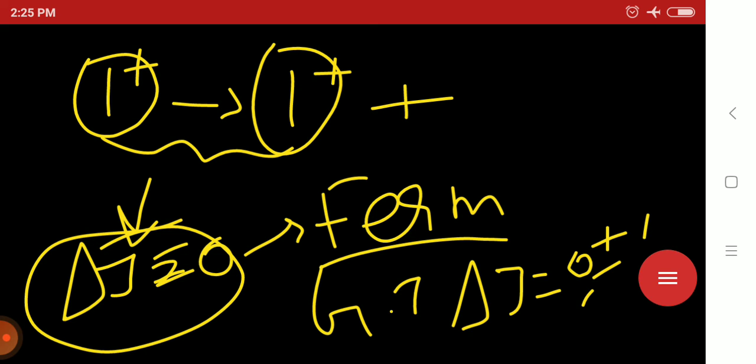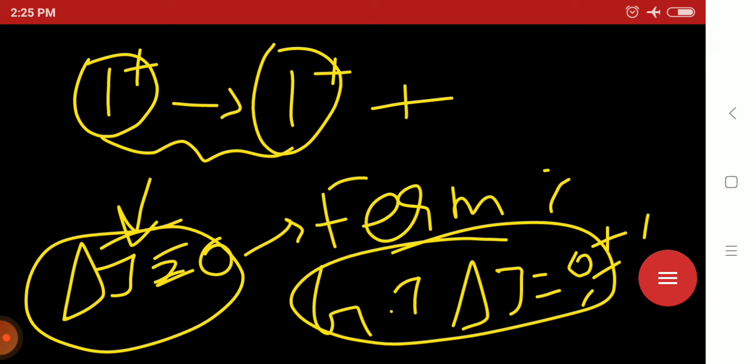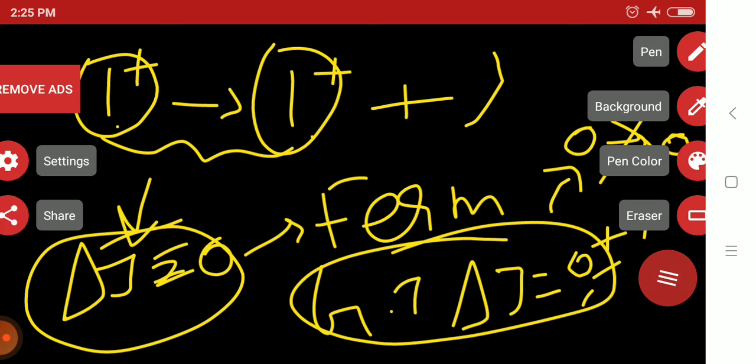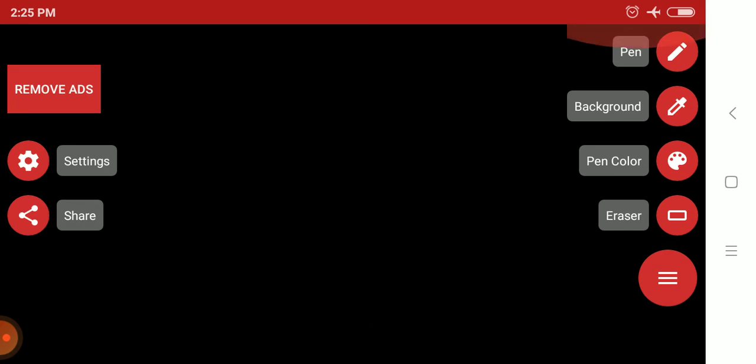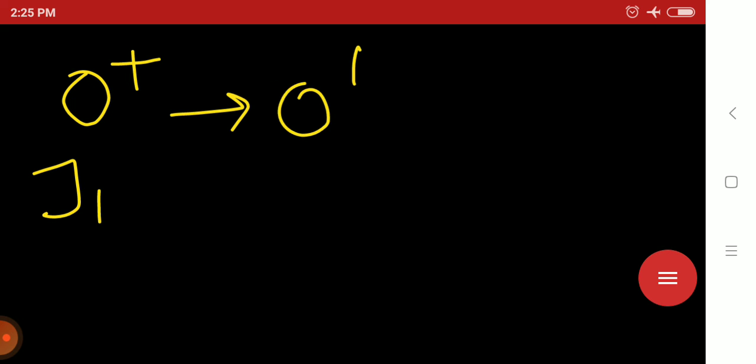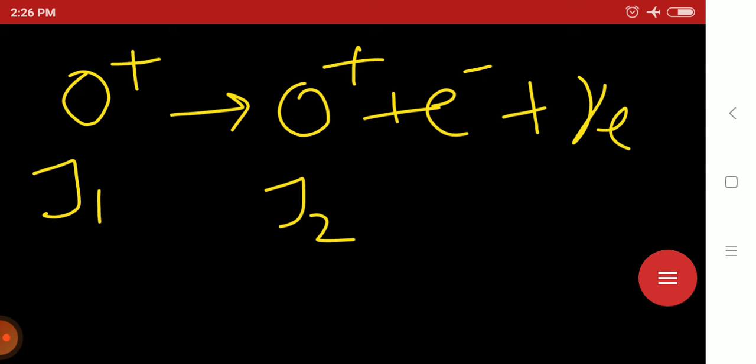But for GT transition, what is the main thing? For GT transition, the main thing is 0 to 0 is not allowed. So in that case, here it is not 0, here it is not 0. In that case, both Fermi and GT can be allowed. So I'm again writing clearly an example: 0 plus is the J1 value, 0 plus is the J2 value, in the reaction, plus electron, that is beta particle, and neutrino.